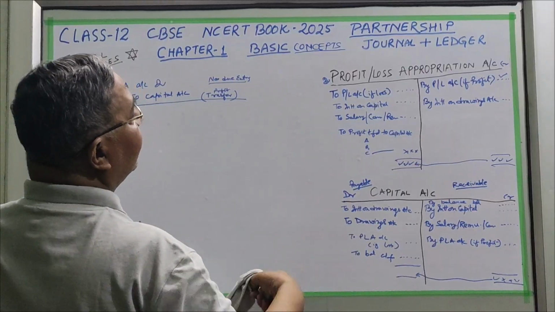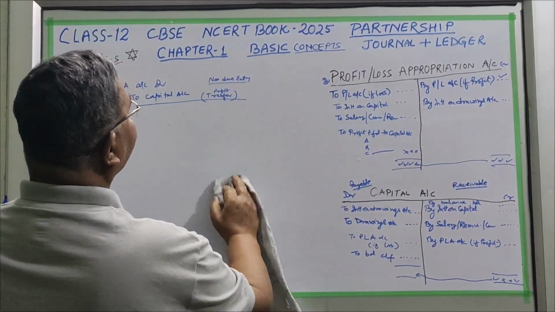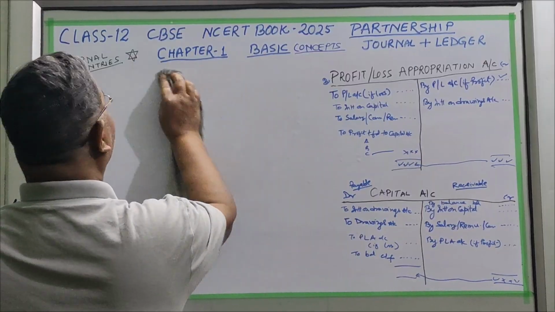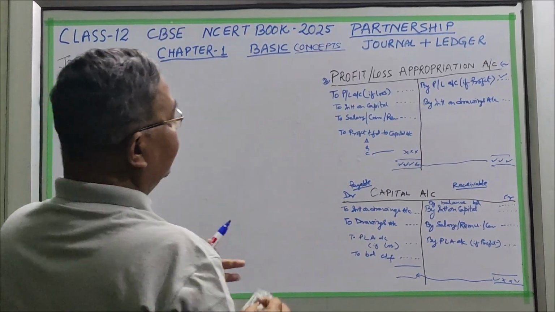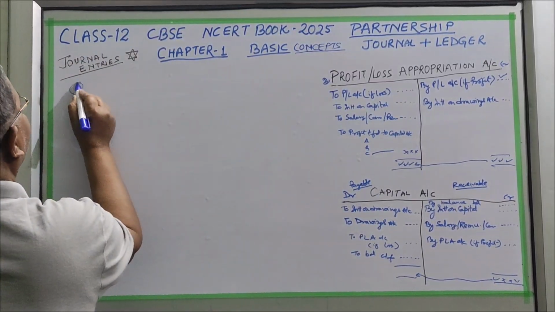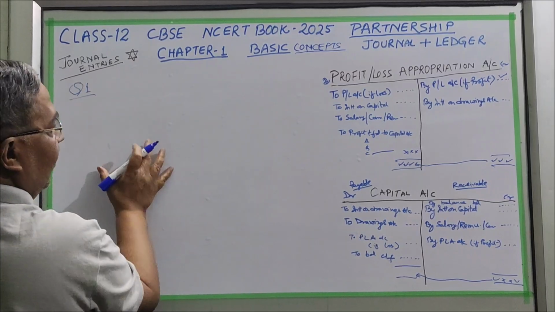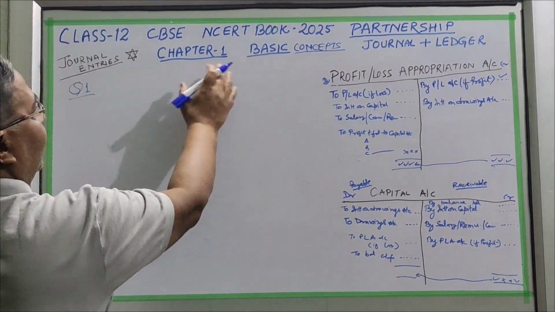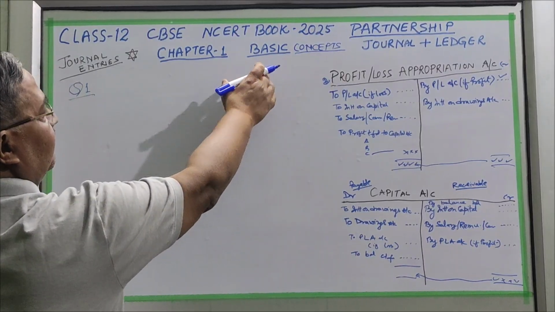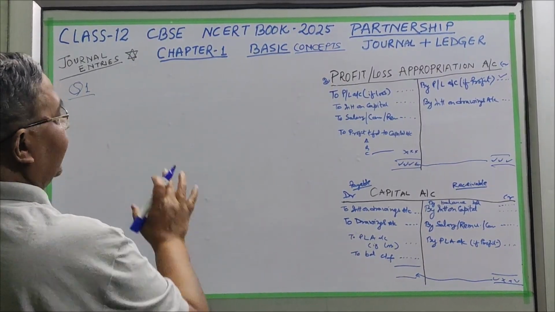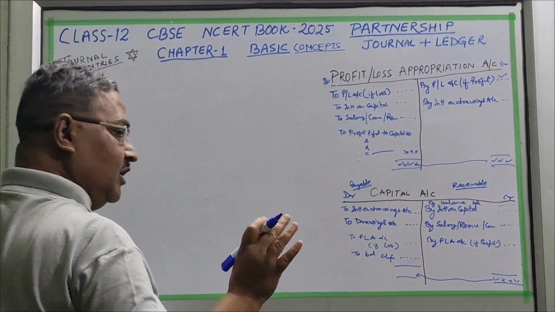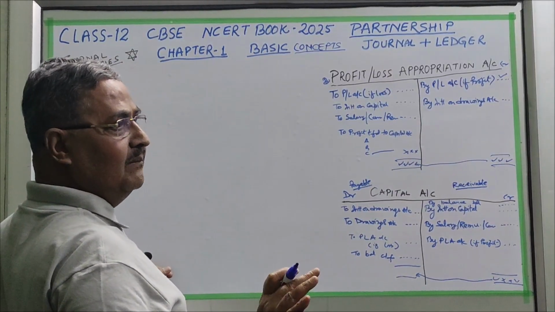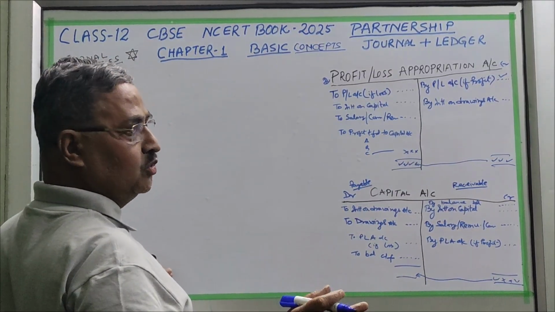Now we will go with the numerical questions, and question number 1 we will start. From here onwards, whatever provisions come as per the Partnership Act, I will discuss based on the numerical questions, so that you can easily understand and remember the use of those rules.